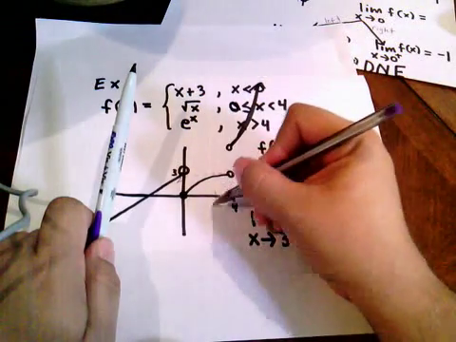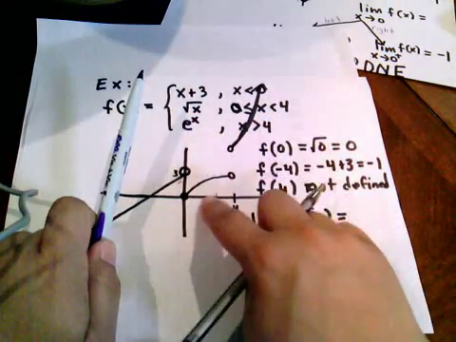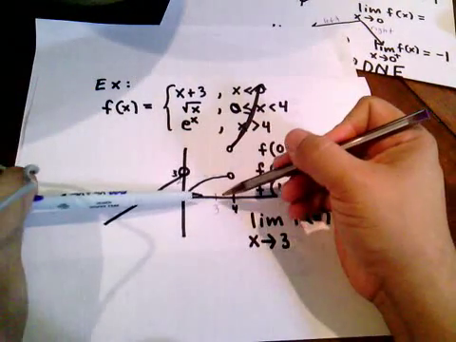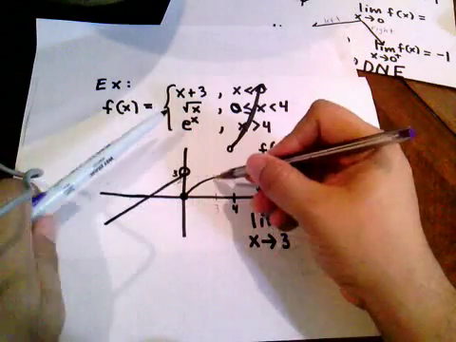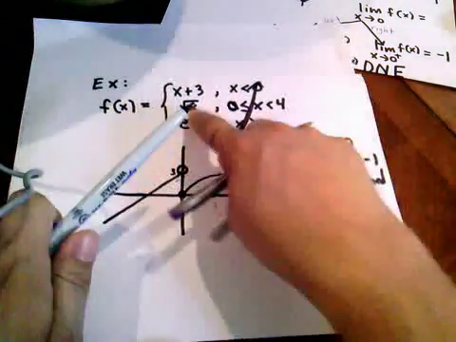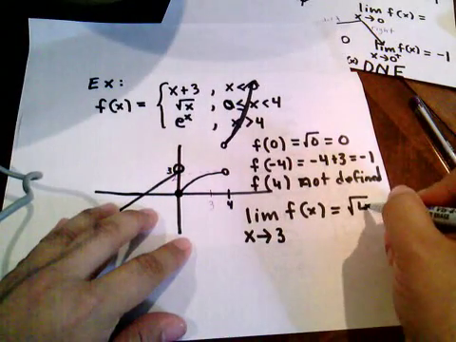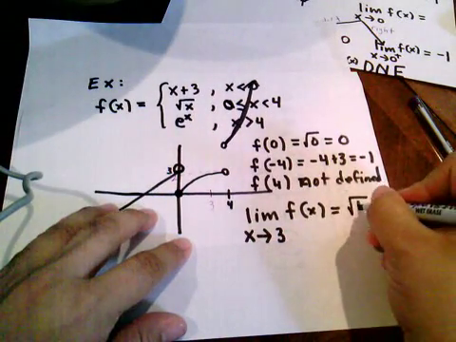So 3 would be around here, and I clearly see I'm going to use this part. So as x approaches 3 from both sides, what is the value of this limit? That's right, the square root of 3. Perfect.